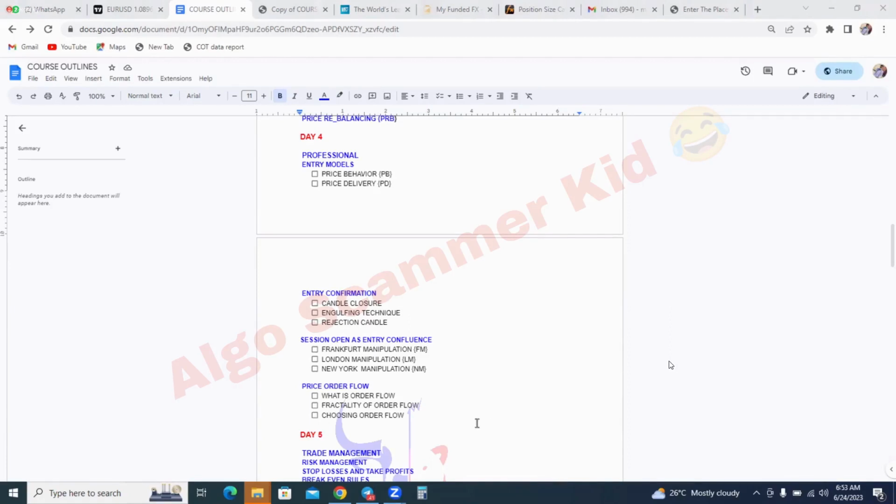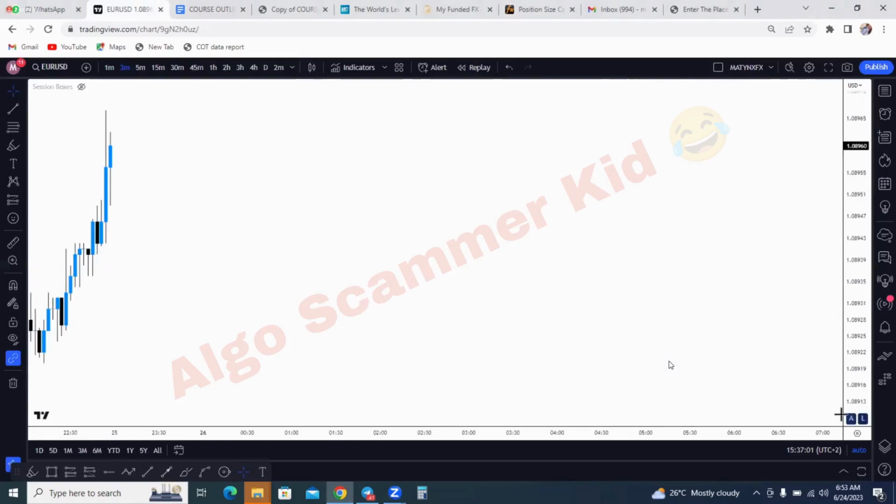Okay, guys, I'm back. So this is the professional stage, and under this we have entry models, we have price behavior and price delivery. So this is the first thing we'll be doing: price behavior and price delivery.